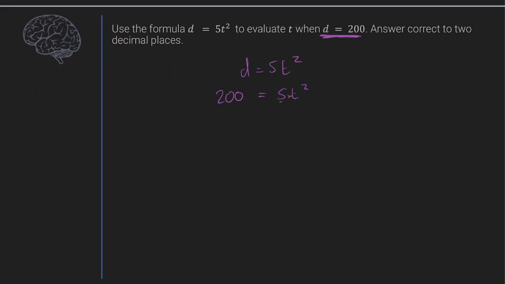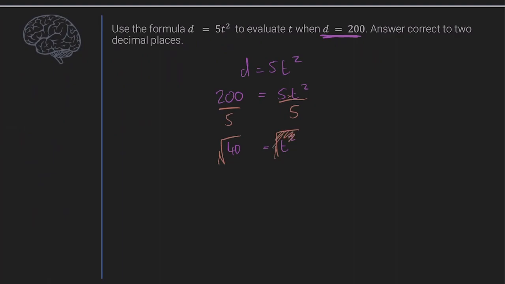We have a times by 5, so we're going to divide by 5, but we've got to do that on both sides. That equals 40. I've still got this T squared, and we remember the opposite operation, the thing that we need to do to get rid of that squared, is the square root.